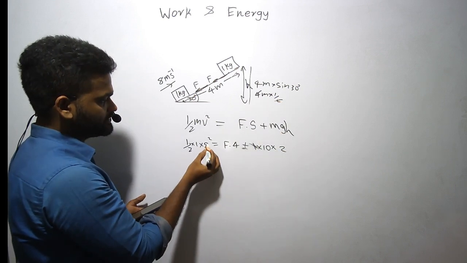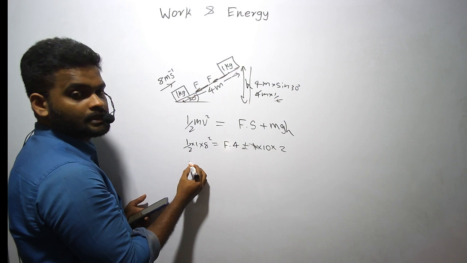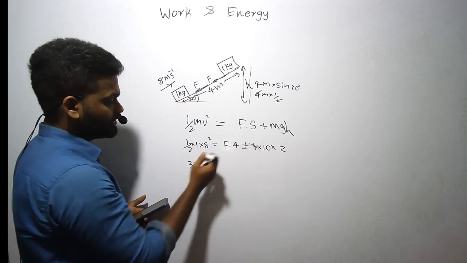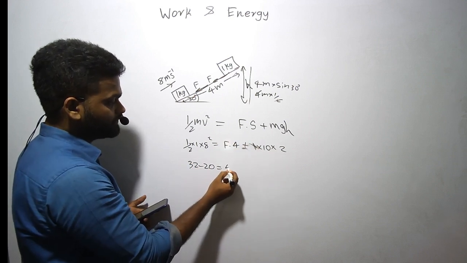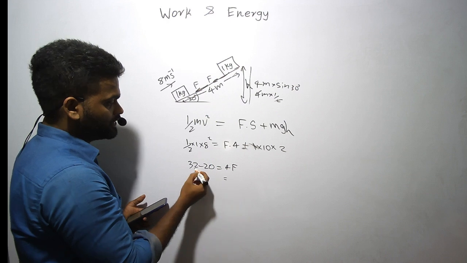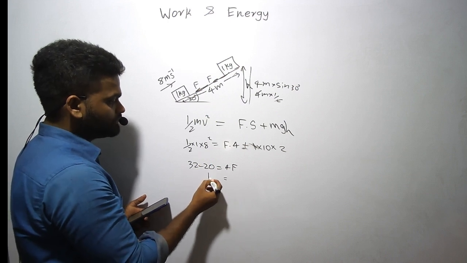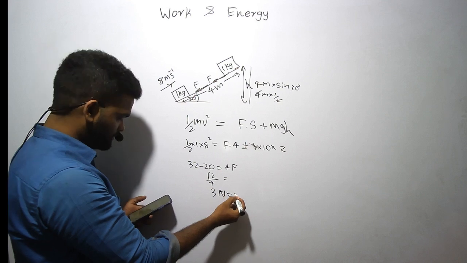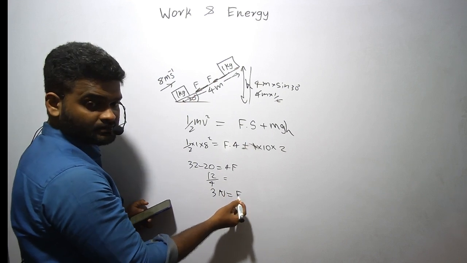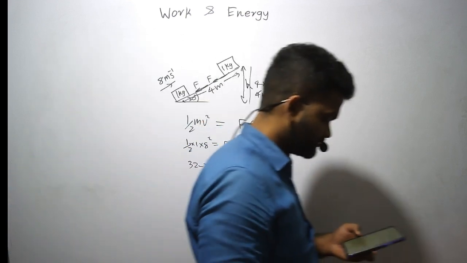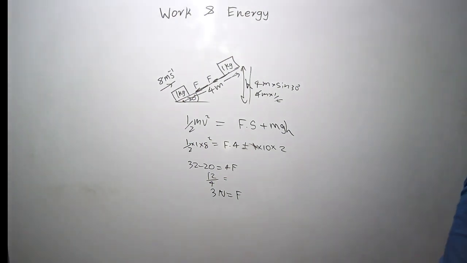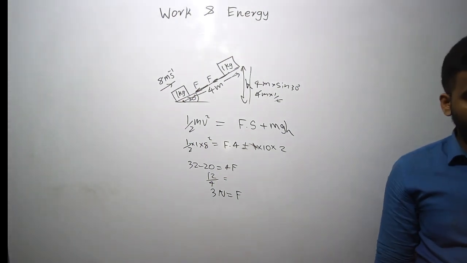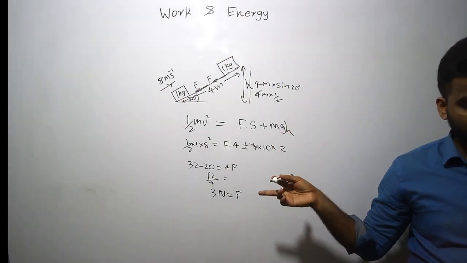So it is 64 divided by 2, 32. This is 32 minus 20 equals 4F. 12 divided by 4. So what do you get? 3 Newton. Second one, right? Correct that.